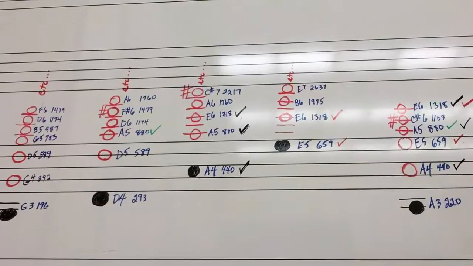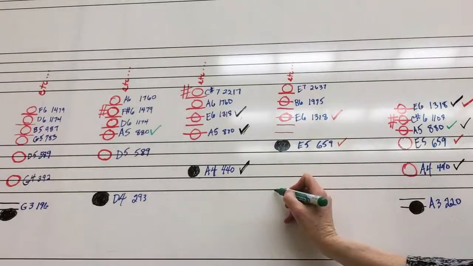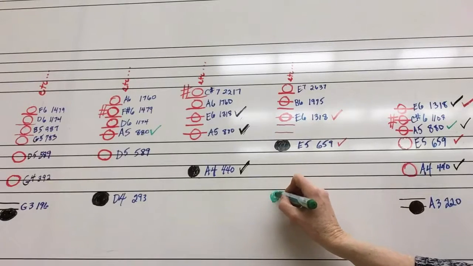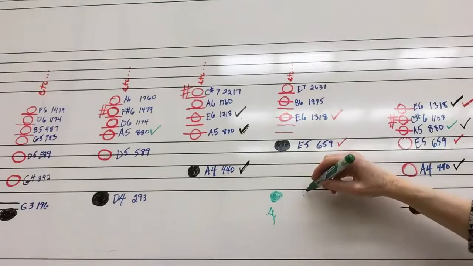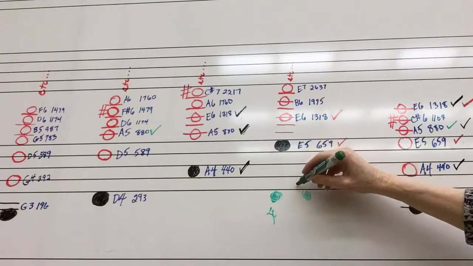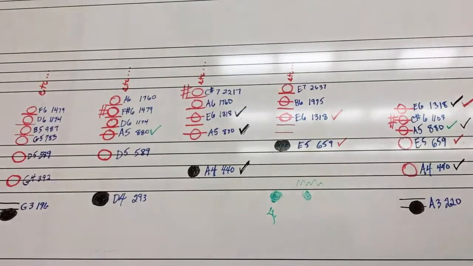To summarize, as in the example of Suzuki page 9, we will get the fattest and most obvious sympathetic vibration of an open string if we play a fingered note that is the exact same note as the open string. For example, if I play this D, say with a pinky, my open D will have a whole lot of vibration on its own.